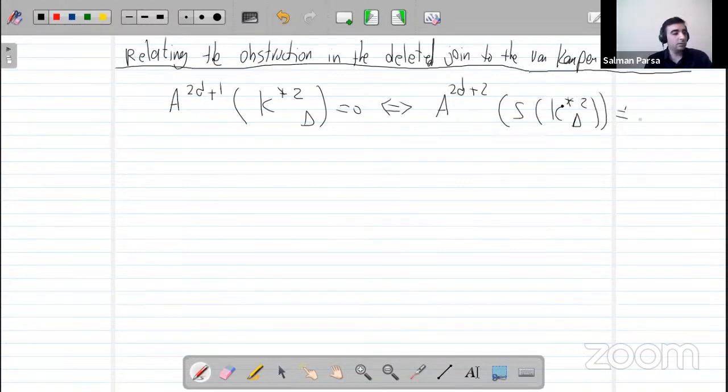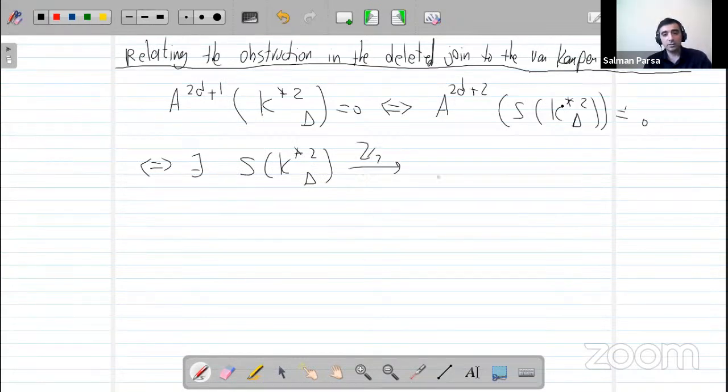If this is 0, and then because that's even dimensional, there will be some Z2 map from the suspension, sorry, some Z2 map into S to the plus 1, and this is again if and only if there is a map.